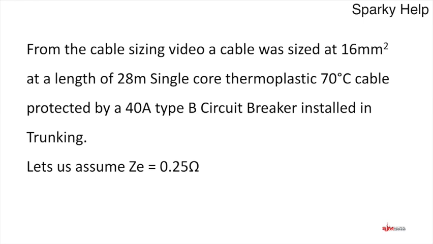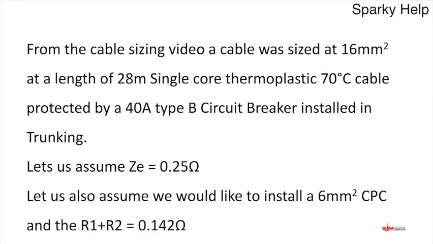We made an assumption in the last video on R1, R2, so go check it out, that the ZE would be 0.25, but obviously you use your ZE, whatever that happens to be. We're going to make an assumption, and we're going to assume that we're going to try and get away with a 6mm CPC instead of putting in, if we go by table 54.7 from BS7671, which would avoid all of these calculations, a standard 16mm earth with the 16mm live conductors.